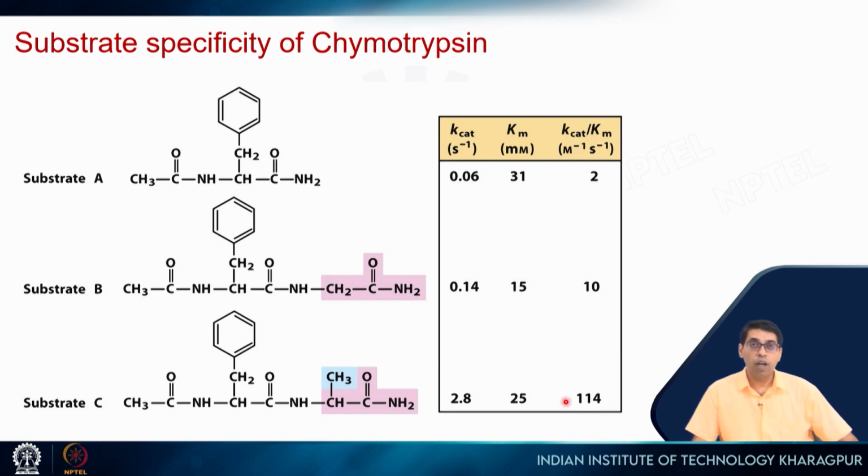So this is how we can determine substrate specificity. We are not changing this, we are changing this part, and we can see that the kcat over Km value is increasing. If we make it an even bulkier group, maybe this will go down. So by using these different types of substrates, we can tell which type of substrate chymotrypsin has higher specificity for.